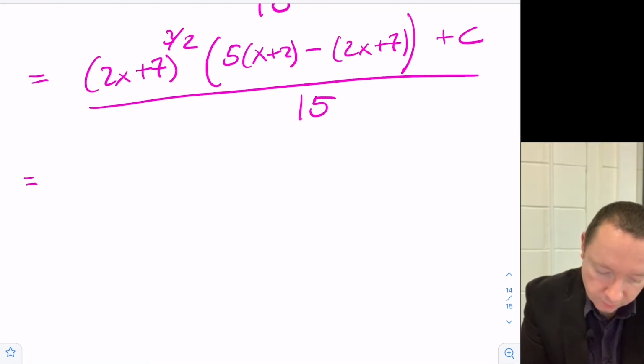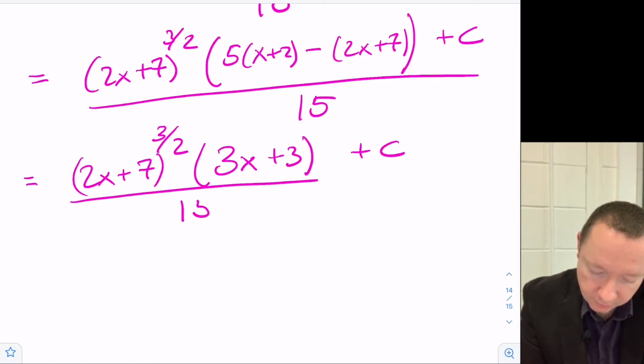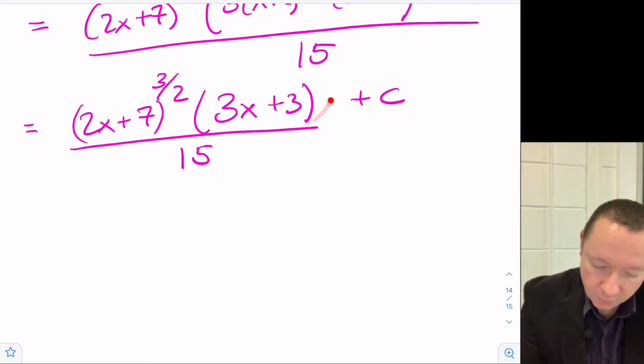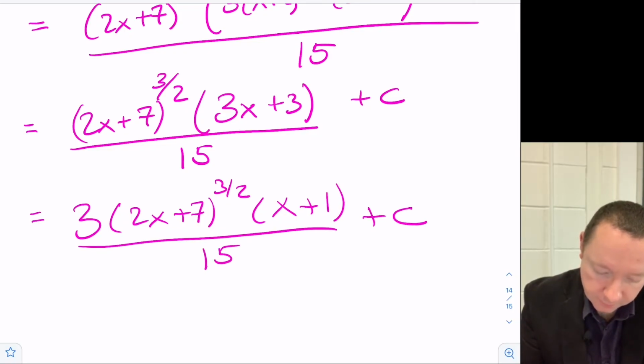So that gives us (2x + 7)^(3/2) times, let's just do this quickly, 5x minus 2x, so we've got 3x, and we've got 10 minus 7 is 3, plus c over 15. 3 is a common factor here, so that is 3(2x + 7)^(3/2)(x + 1) over 15 plus c.